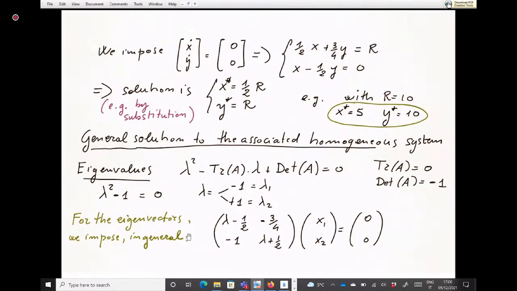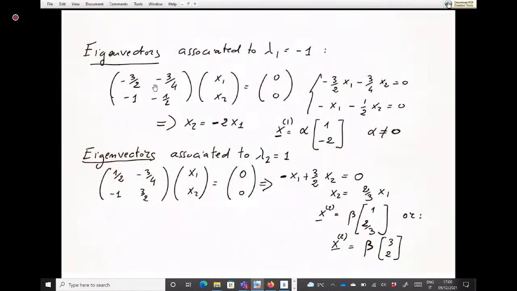For the eigenvectors, we impose in general that lambda identity minus A times x is equal to 0. Of course, if we replace either minus 1 or plus 1, and you write down the system, we get a redundant equation, okay? Two equations that state the same property. For instance, by substituting for lambda 1 equal to minus 1, I get these two equations.